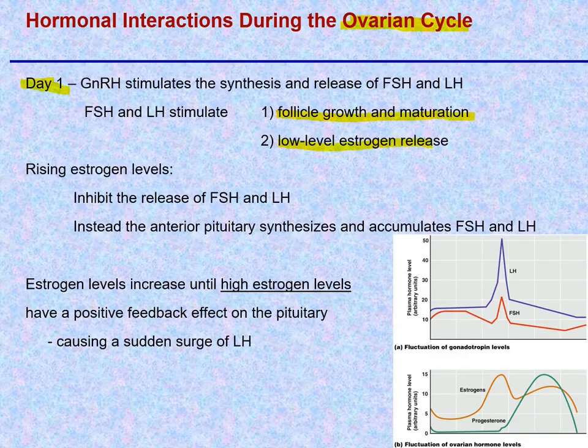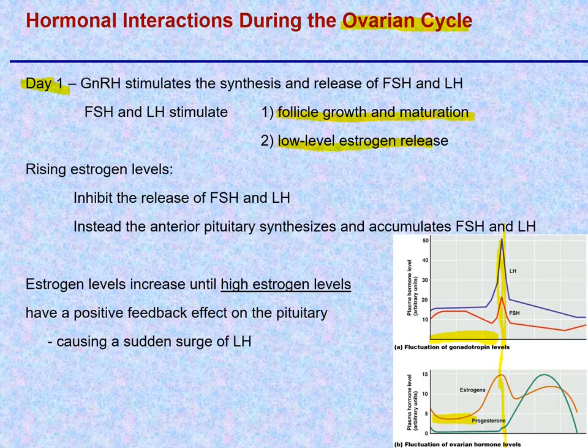So you're getting follicle growth and maturation. Right in the middle there, that's day 14. So follicle growth and maturation is occurring during this period, and there are low levels of estrogen which start to rise after that.